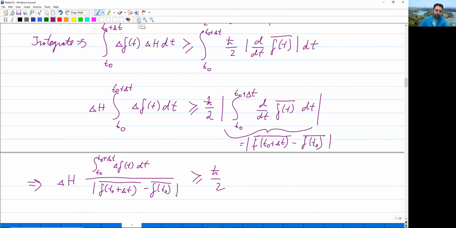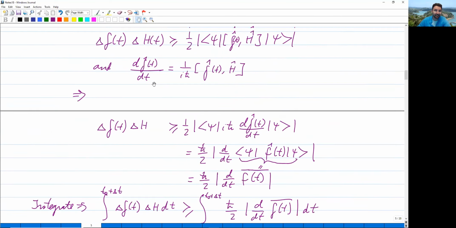Now that looks like a mighty complicated uncertainty principle, but have a close look at this thing here. It's the integral over delta f divided by the distance between the mean values, by the change in the mean values. Do you remember? This is simply delta t.